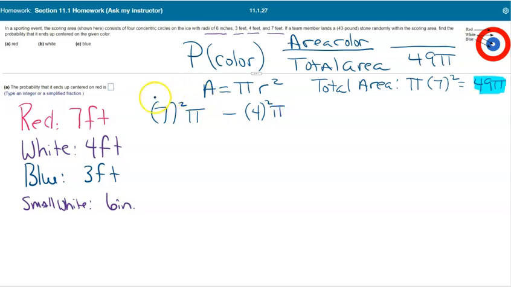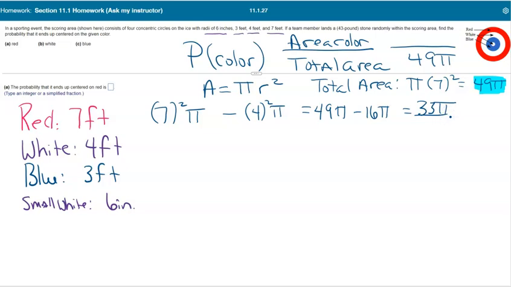So this is the area of the entire circle, including every color, minus the area of the white. We have to subtract that out, and that's going to give us 49 pi minus 16 pi, which is, what's 49 minus 16? How about 33 pi?